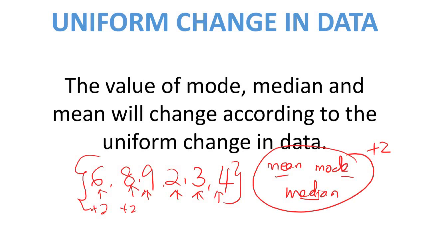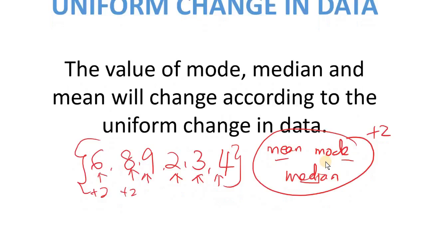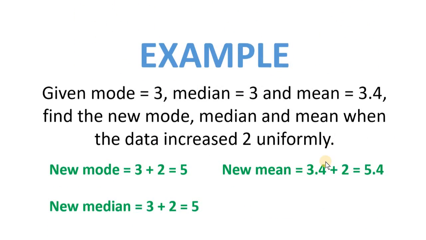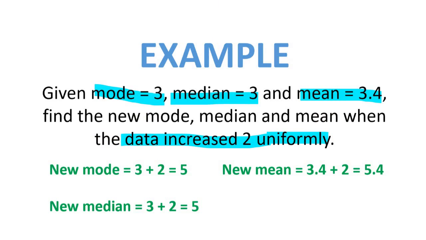Let's see some examples. In the first example, I give you the mode, mean, and median. Then I say I make the change uniformly: all the data is now increased by 2. You see the word, it is uniform.